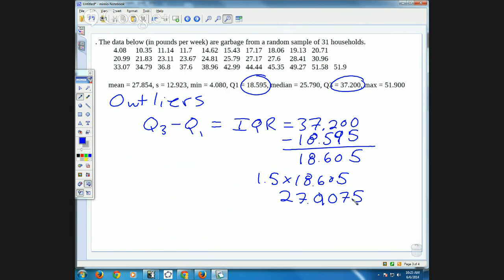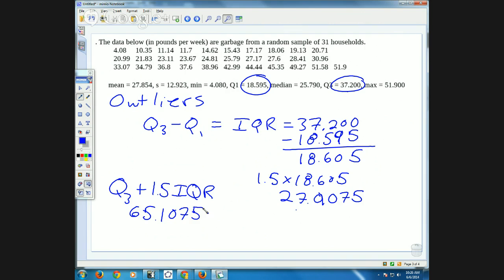We want to take Q3 plus that. So Q3 plus 1.5 times the IQR gives me an upper boundary. So what is that plus that? 65.1075. Is that right? Okay, sure, I'll buy that.